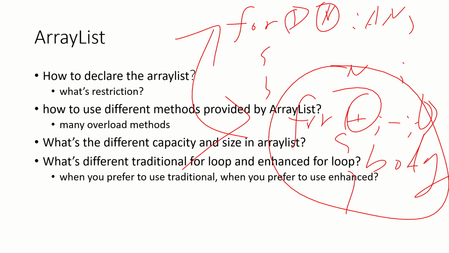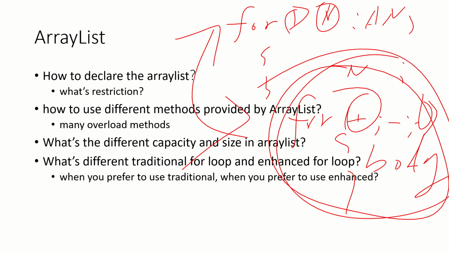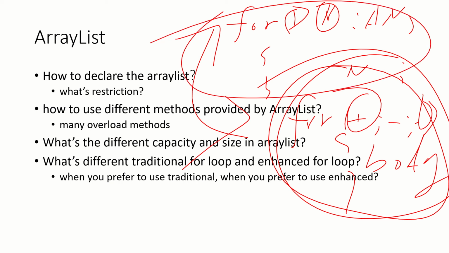If the index is out of bounds, you will get an error. That's the reason this one is not easy to use. But for the enhanced one, nothing involves the index. The only thing involved is the instance variable.